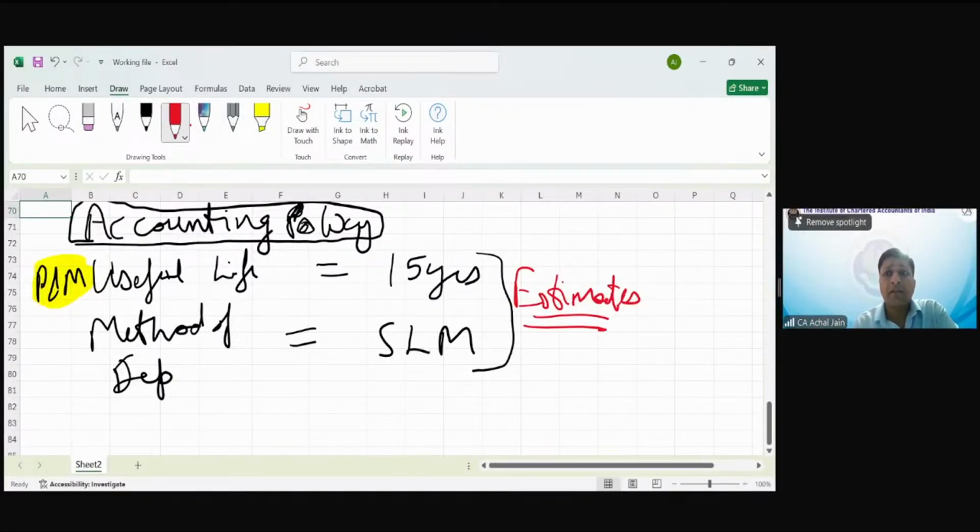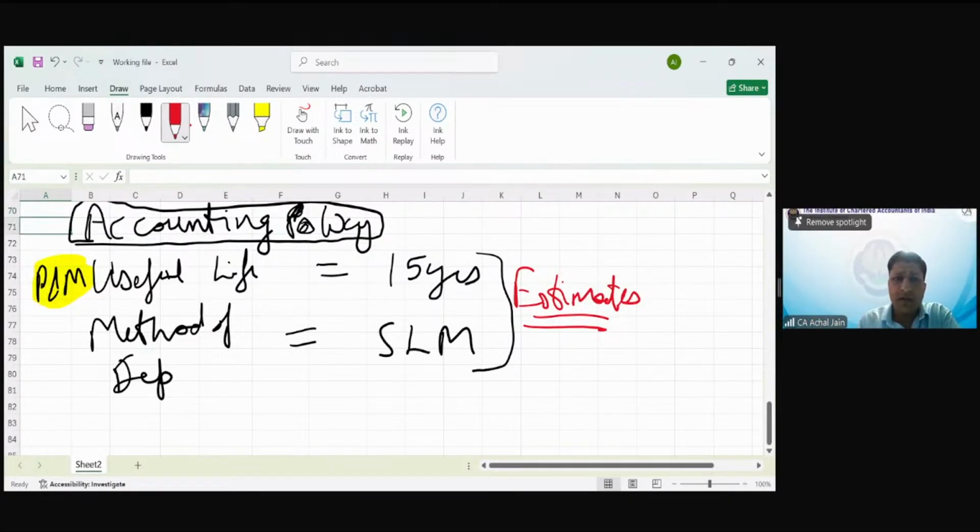But what is an accounting policy? Please try to understand. Accounting policy means for recording a particular item, what basis has been considered by the company? That's the meaning of accounting policy. So some of them could be based on estimates, some of them could be based on facts.